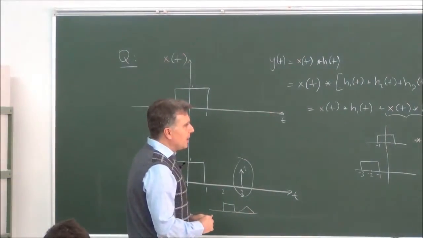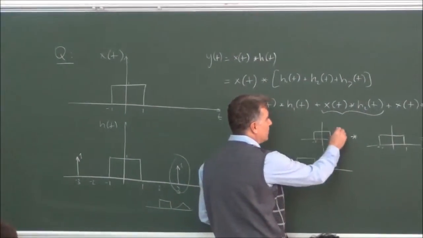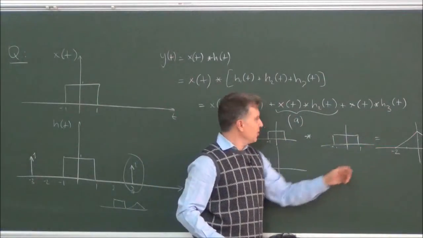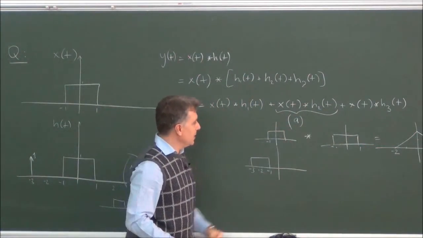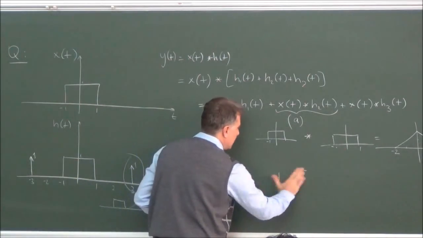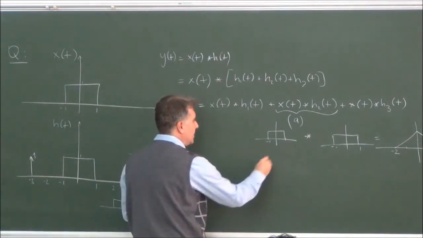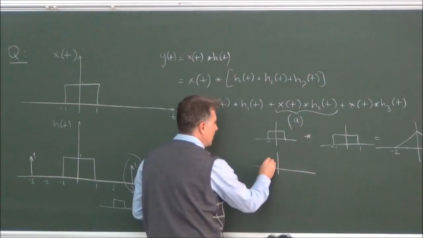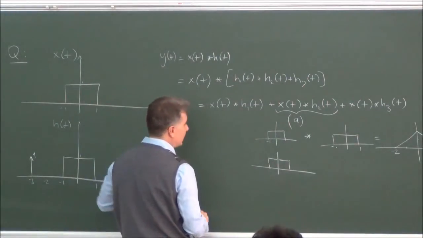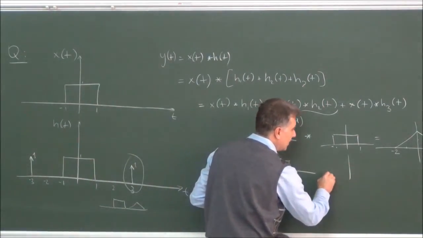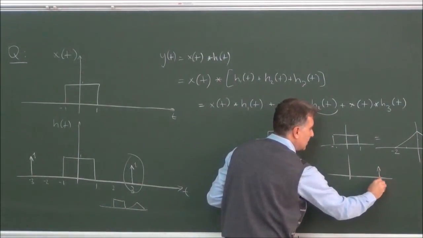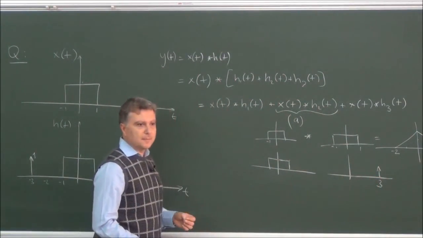Then this is one component, which is, let's say, the component A. This triangle, the convolution of two rectangular shapes. Let me erase this, and let's now think of convolving the same input signal x of t with this impulse at 3. What is the result?